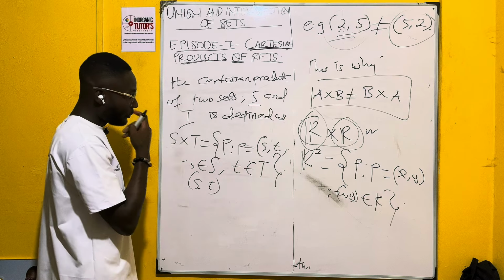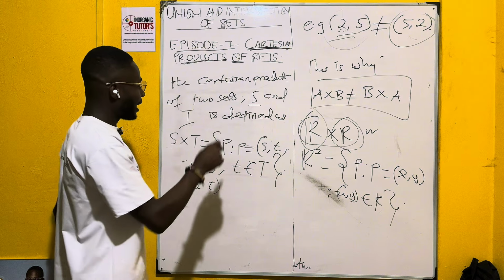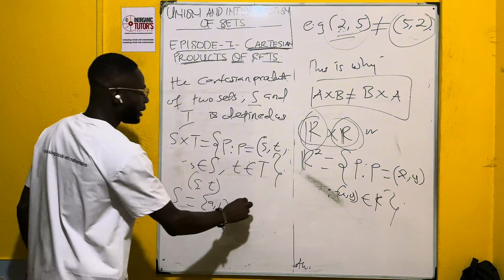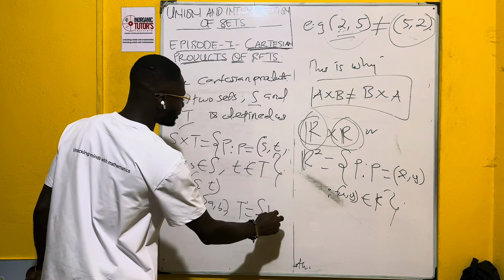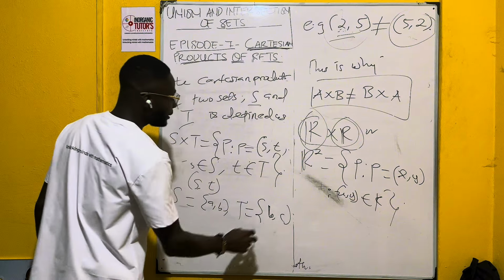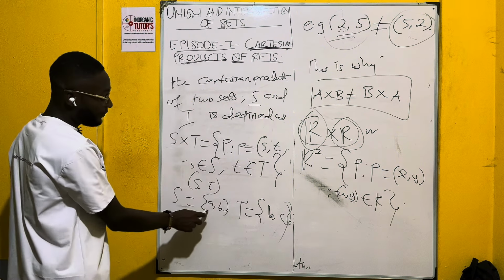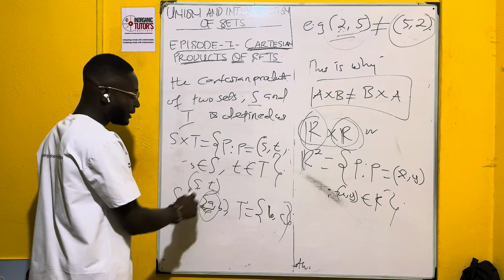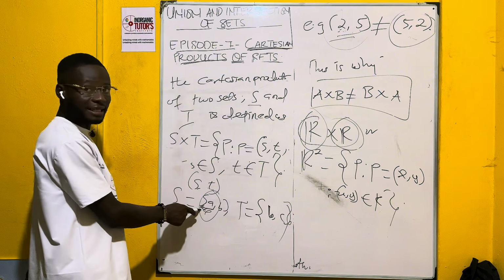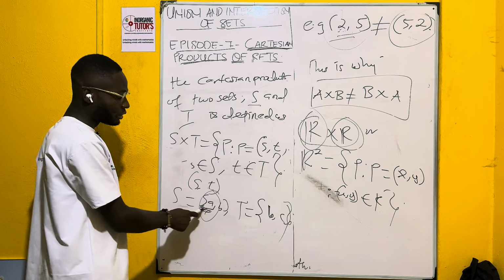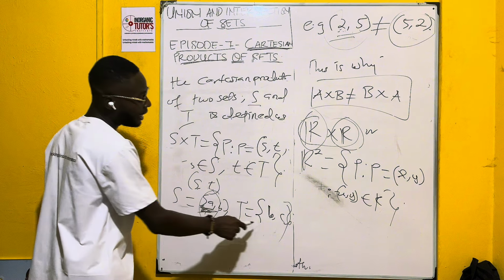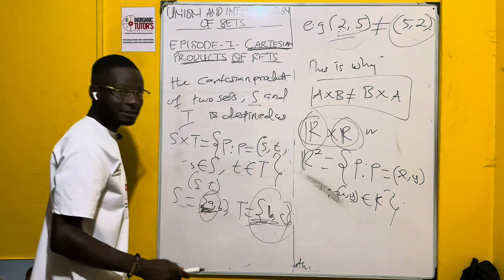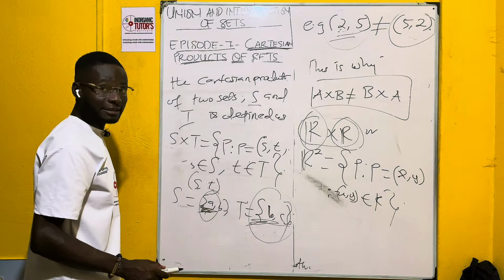So if you have a set S equal to {A, B} and T equal to {B, C}, then the first member will always come from the first set, and the second member from the second set.